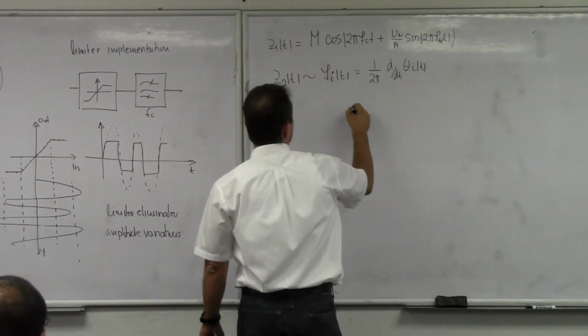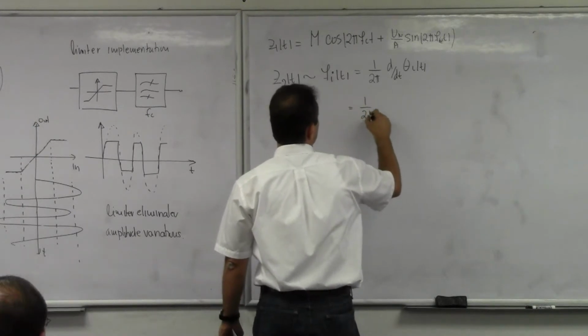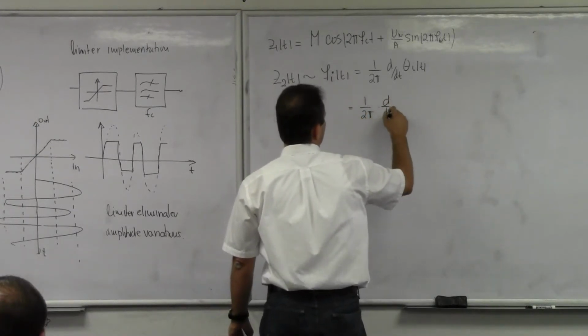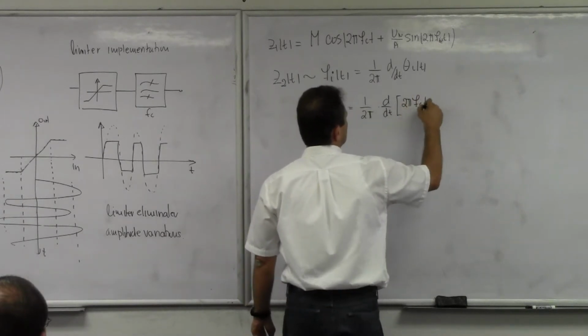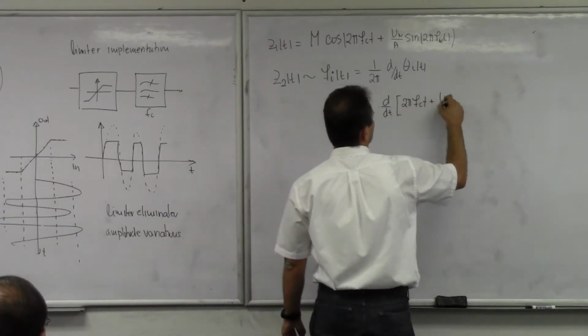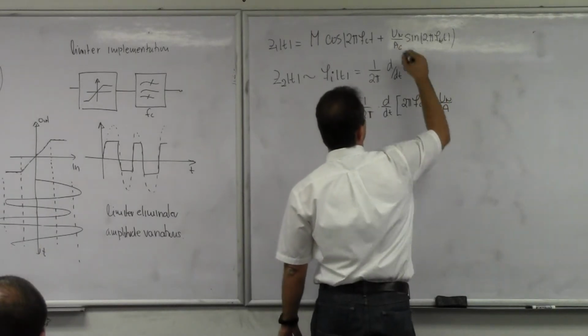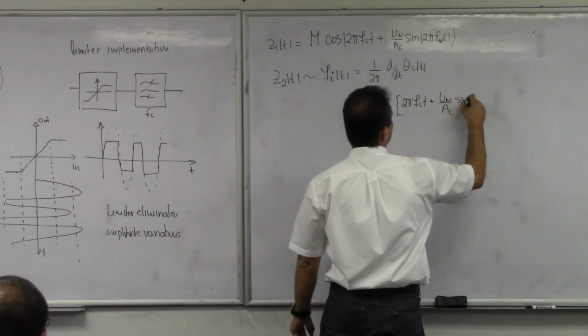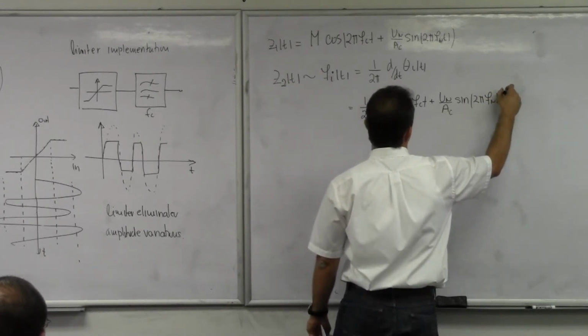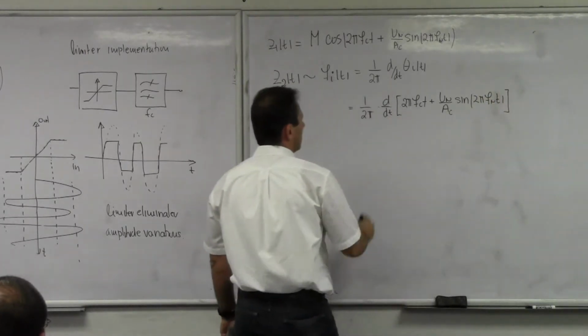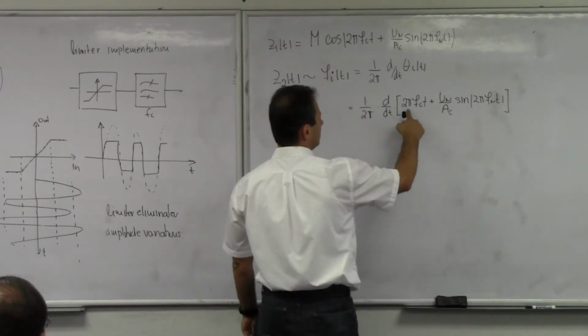Which in our case is 1 over 2 pi times the derivative over time of 2 pi fc t plus un over ac, sorry, ac sine 2 pi fn t.